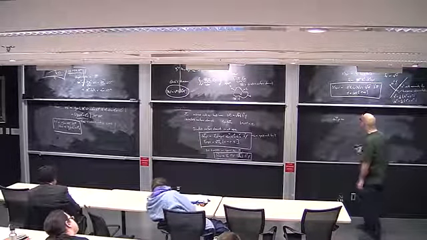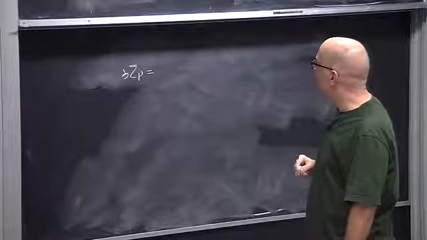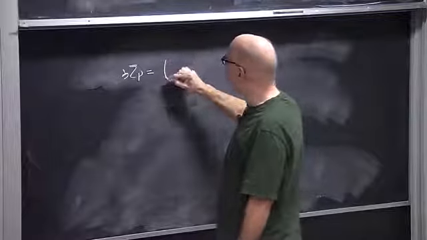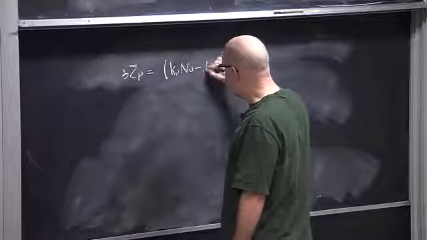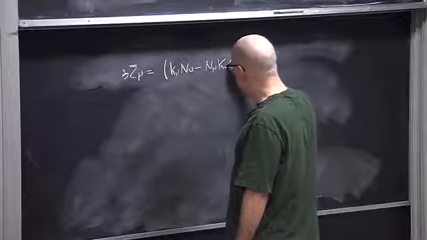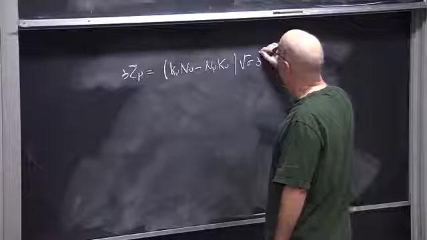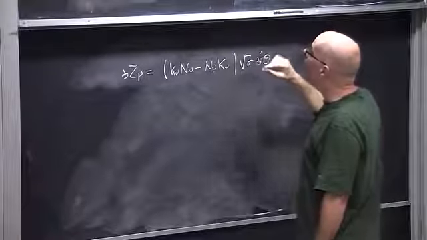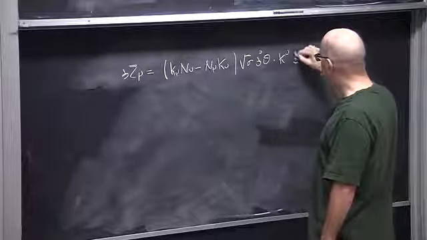If I plug it in and I just take out the antisymmetric notation on the indices, what I get over here is k mu n nu minus n mu k nu. That multiplies square root of sigma times d2 theta. And all this multiplies k nu and multiplies d lambda.